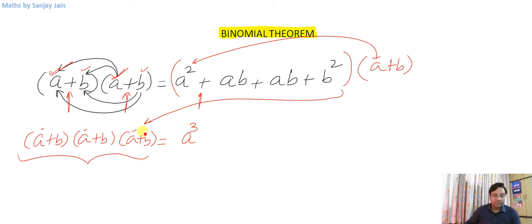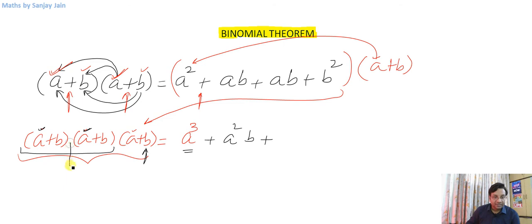So now you focus here, okay? See, when I take a from all of these three brackets, I get a cubed here. When I take a from only two brackets, now out of these three, I can choose two brackets in three ways. Either I will take these two brackets and select a from these and multiply a into b from this. So I'll get a squared b. You understand where I'm going?